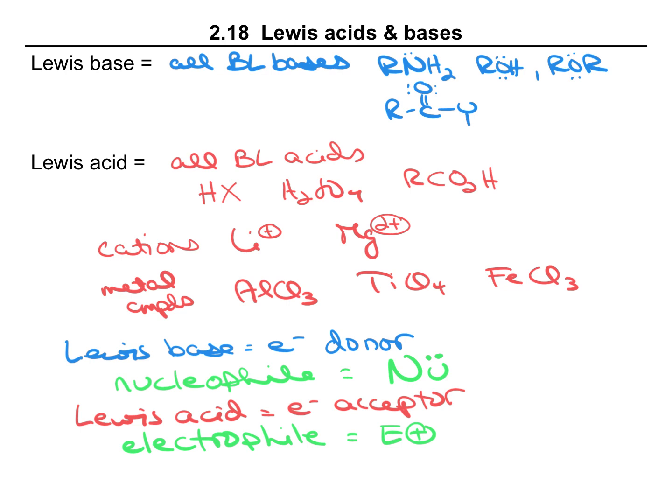So that means you're in good shape. It also means that it is worth putting in the time and effort to get a solid understanding of Bronsted-Lowry acids and bases, as well as Lewis acids and bases as electrophiles and nucleophiles. So get lots of practice, take your time, and make sure you understand these.